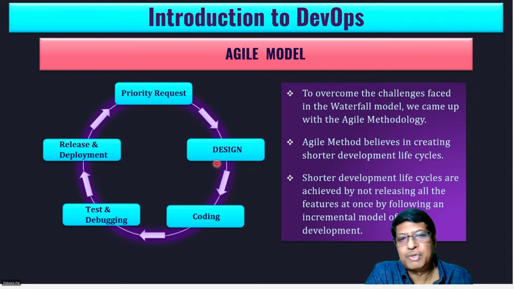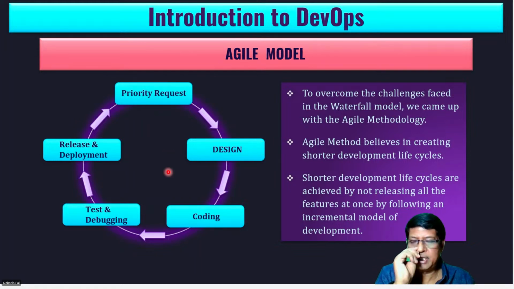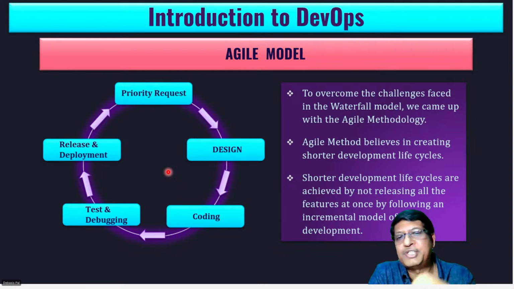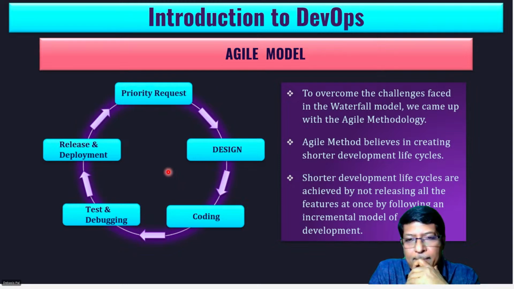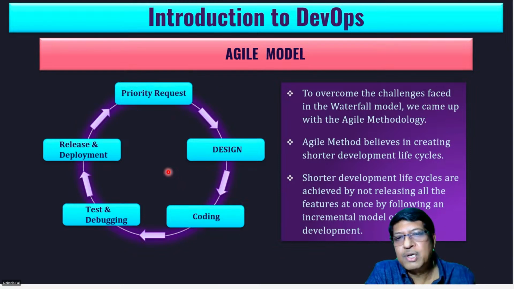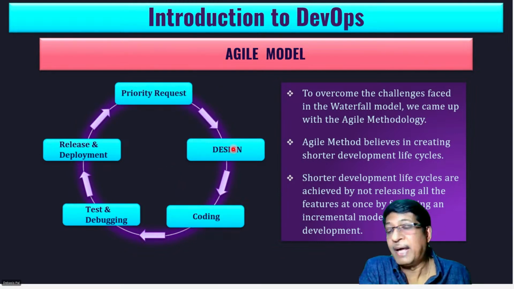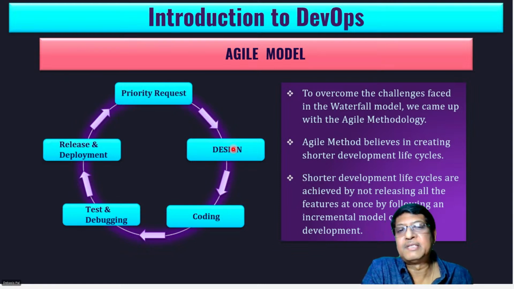Fine. It comes to the design. Design will be very simple because you do not need to do a lot of documentation, because you do not waste your time on documentation. There are many principles of agile, and those principles are towards customer satisfaction. It is not the satisfaction of the project manager. The project manager has nothing to do.